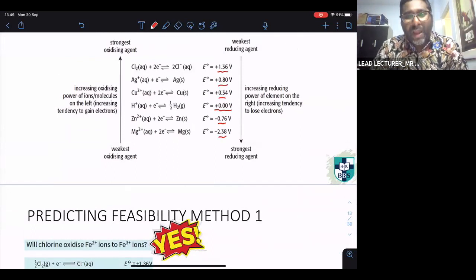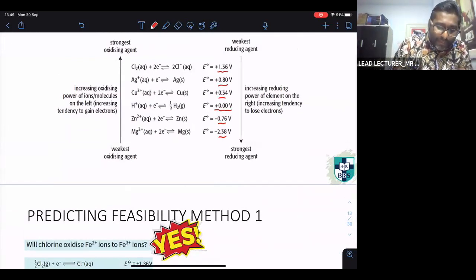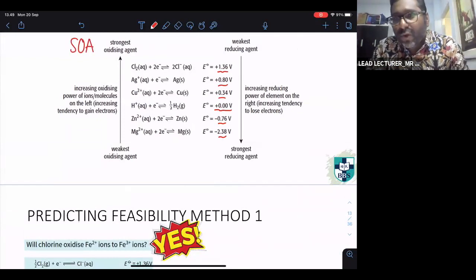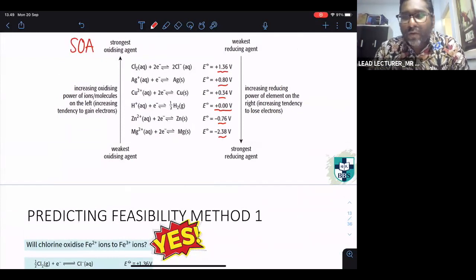What is important over here is I will suggest you memorize this. Always remember the one at the top left as SOA. What is SOA? SOA is strong oxidizing agent. What is an oxidizing agent? An oxidizing agent is something that will oxidize others, but they themselves will get reduced.